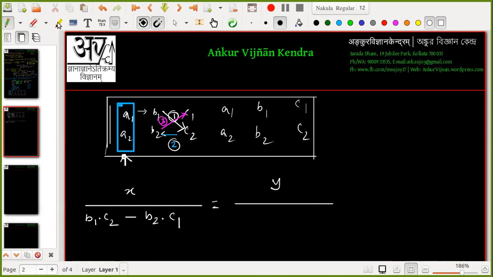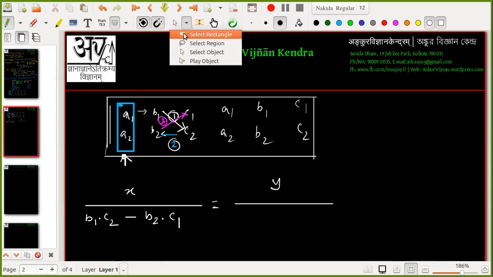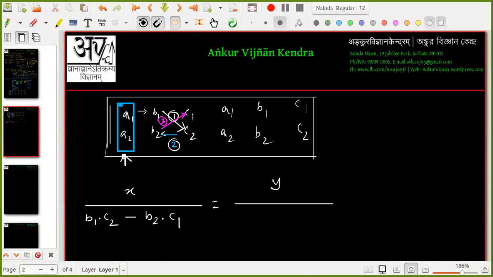y by, now see what we are trying to do. This is something like, you imagine that we are now moving this particular window to the next block. So what I am trying to do is write the same thing once again so that I don't disturb the original structure.